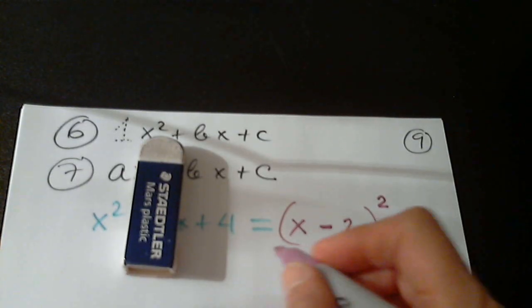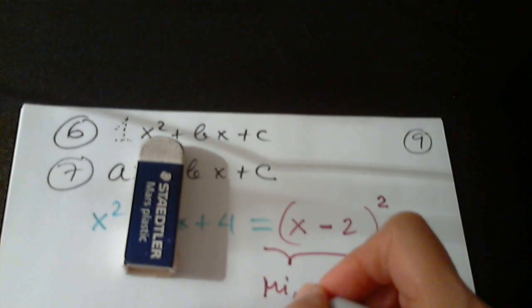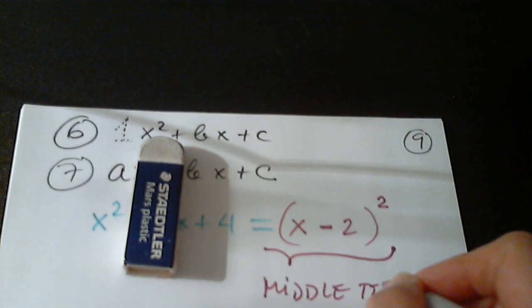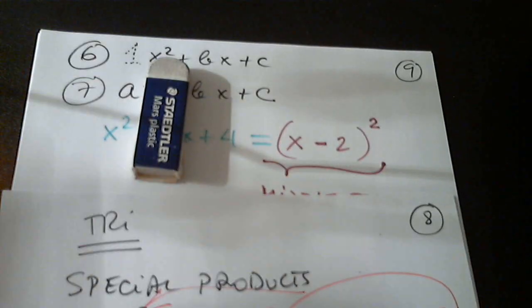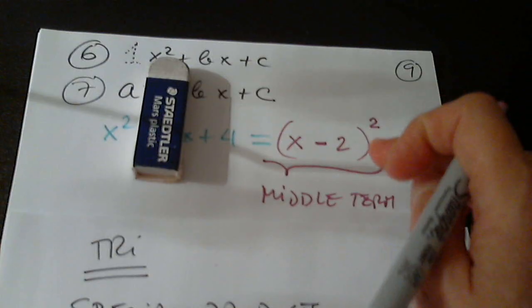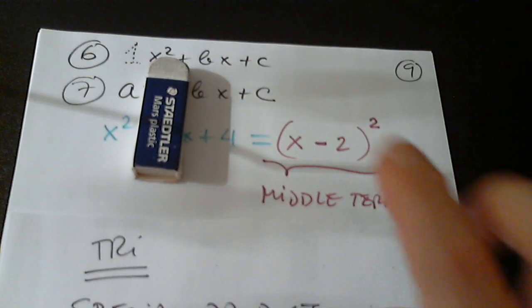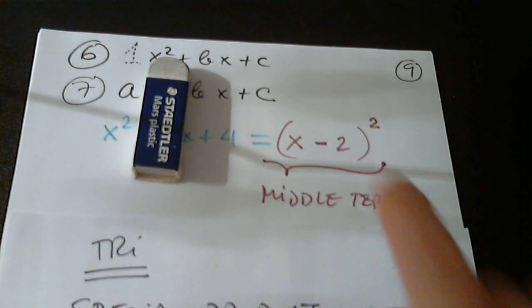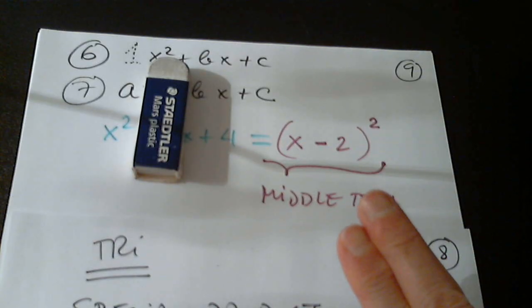But I haven't checked the middle term. Can anyone tell us when you expand this, what is the middle term? Just the middle term. What will it equal to? And here's the formula. For this particular example, what will be the middle term? A times B, the first term times the second term, multiplied by 2.